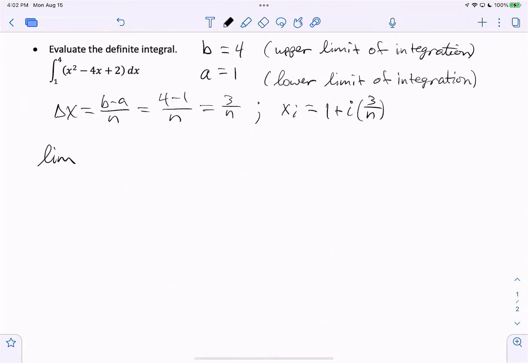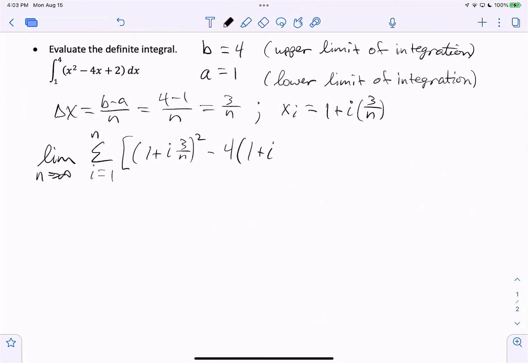So we've got the limit as n approaches infinity of the sum as i goes from 1 to n of x squared, and so (1 plus i times 3 over n) squared, minus 4x, and so minus 4 times (1 plus i times 3 over n), plus 2, times, there's a delta x, right?